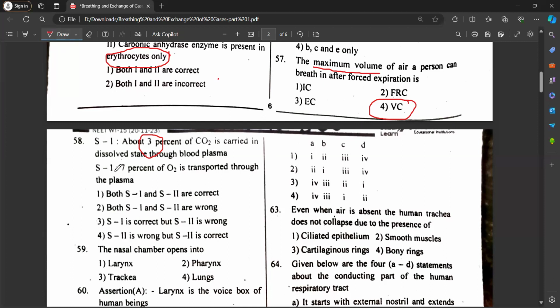Then statement two, 7% of oxygen is transported through the plasma, not 7%, it is 3%. Therefore, both the statements are wrong.